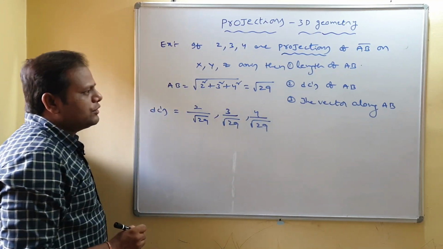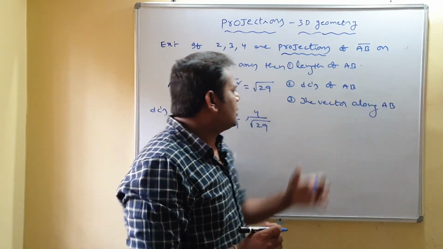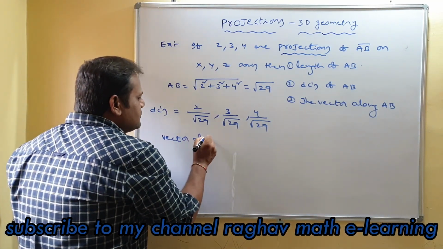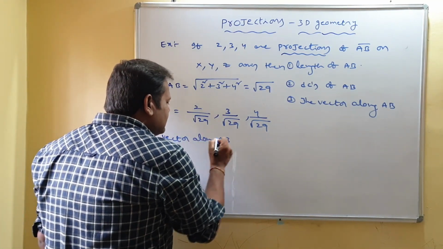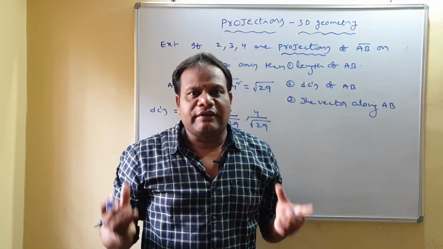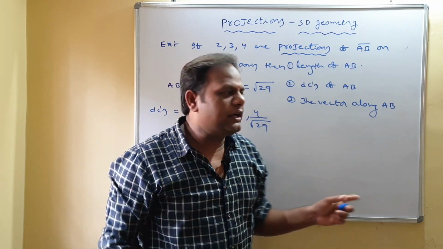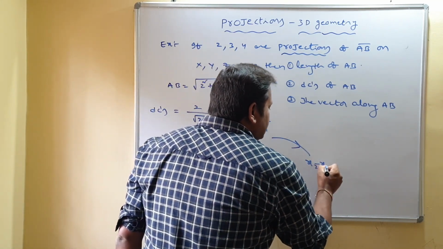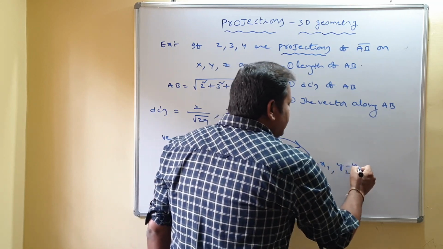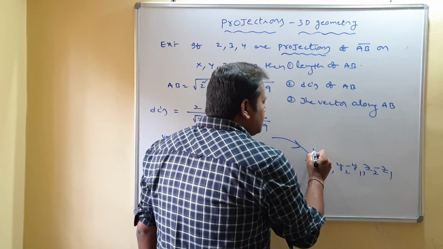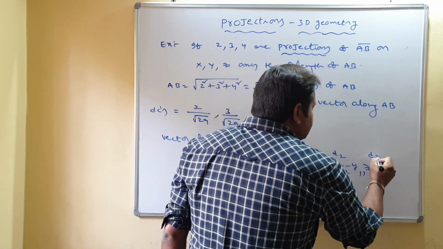Okay. And coming to the third one, what are they asking? The vector along AB. We know one thing, that DRs always represent a vector along the line. So here the projections are x2 minus x1, y2 minus y1 and z2 minus z1: this is d1, this is d2 and this is d3.